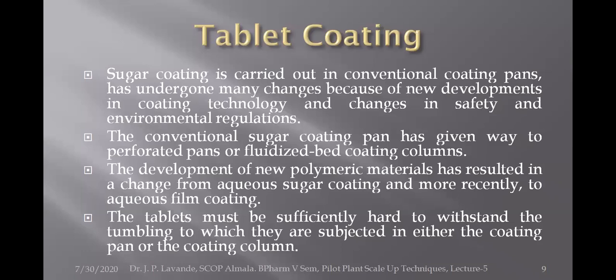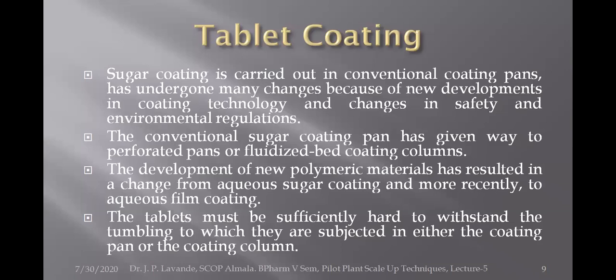We know that there are film coating, sugar coating, and enteric coatings. And during scale up, due consideration needs to be given to the process of coating itself. Sugar coating is carried out in conventional coating pans, that all of you know, you have studied well in the last semester.